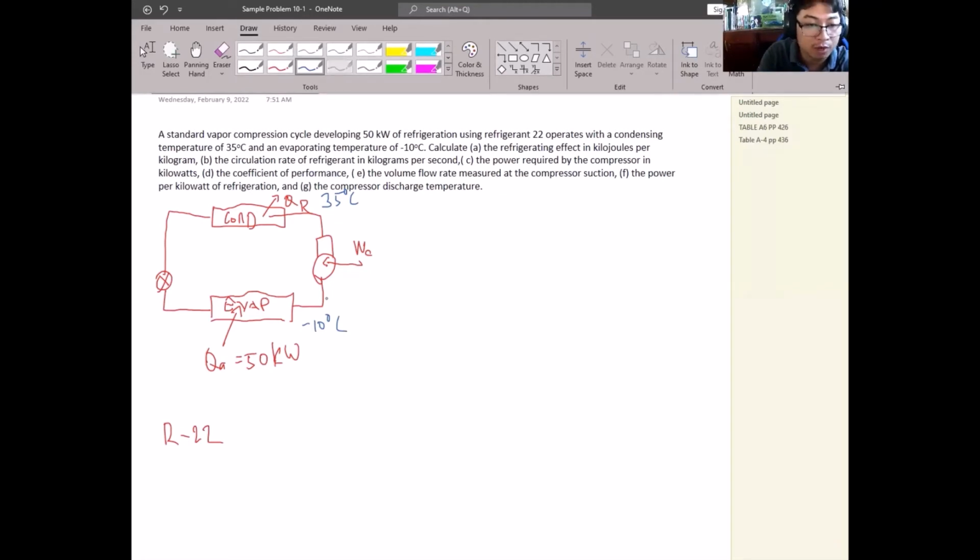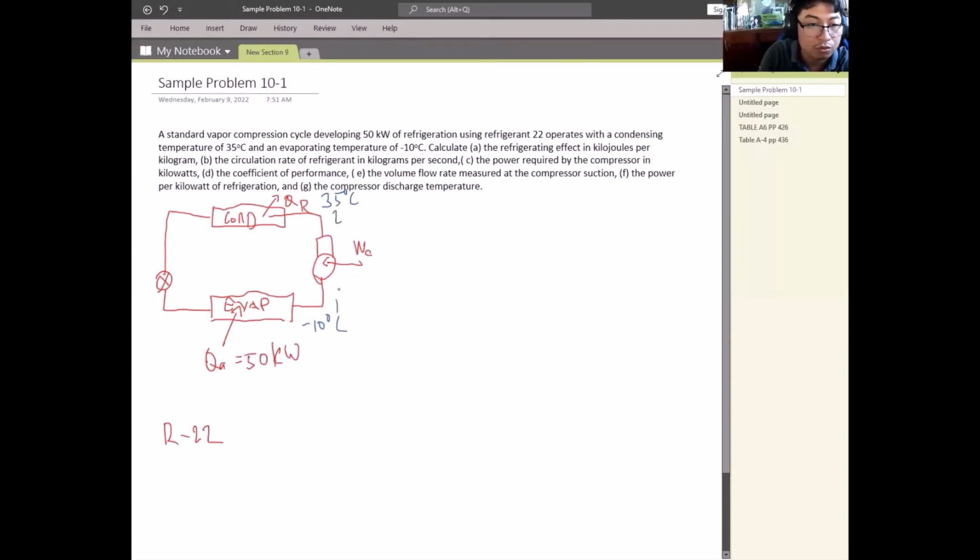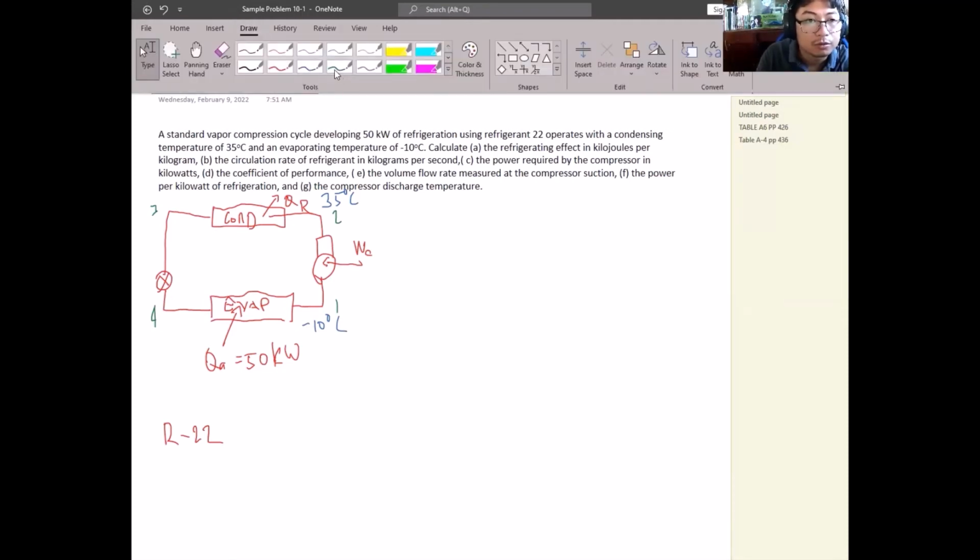This is our point 1, point 2, point 3, and point 4. It doesn't matter what the points are, as long as you follow the flow direction of your system, you will arrive at the same answer.